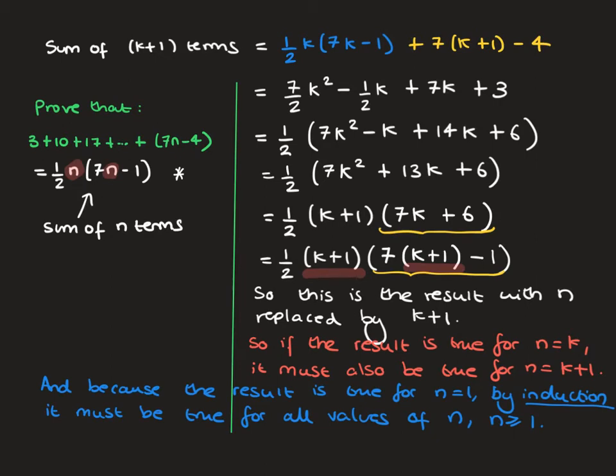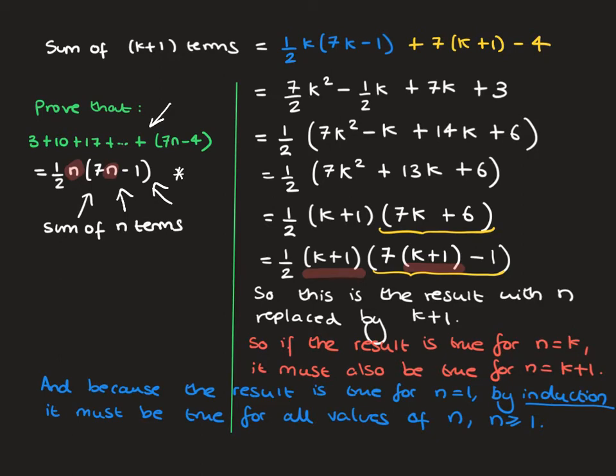So let's very briefly talk through what we did here. We were trying to prove that the sum of n terms of this series here is given by this formula here. We proved that the formula on the right-hand side, this formula with all the arrows pointing to it, was correct for when you have n equals 1, for when there's only one term in the series, that term being 3. We then assumed that this formula was true for when you have k terms in the series.